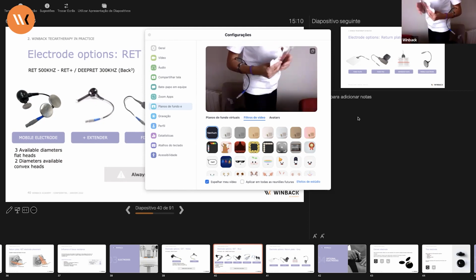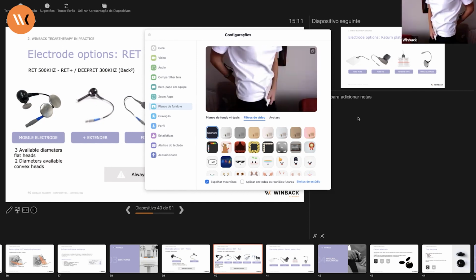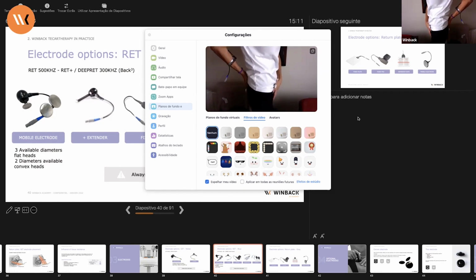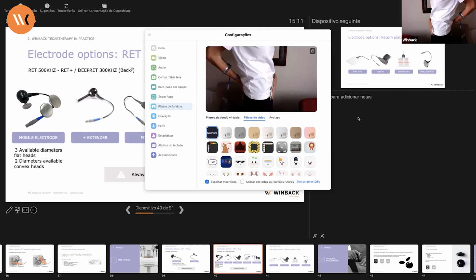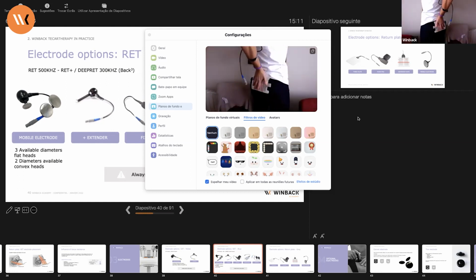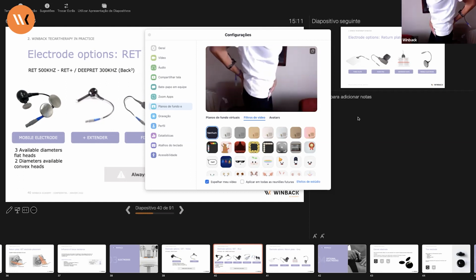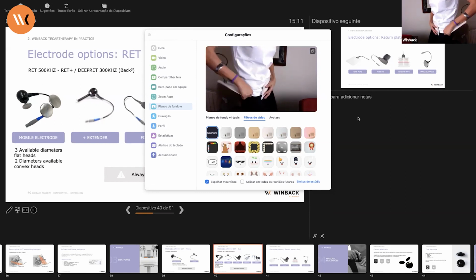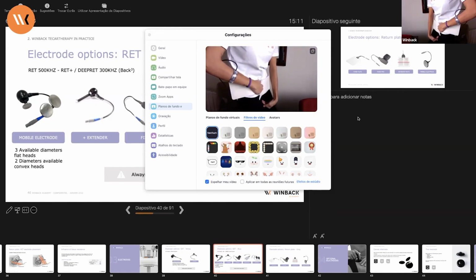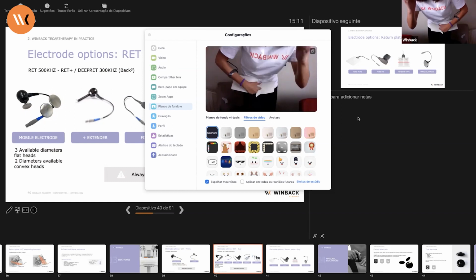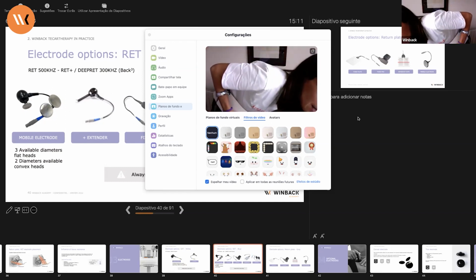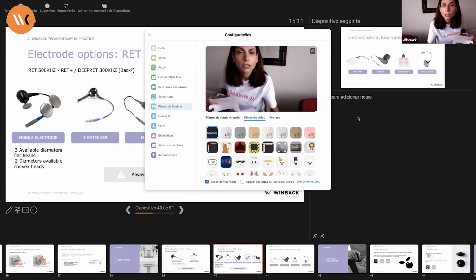If you are working with a patient that has no awareness of the contraction of the pelvic floor, you can put the active electrode suprapubic, the return plate on the back, on the coccyx, and you can work inside the cavity with the contraction, inducing the contraction, doing the initial stretch, okay?